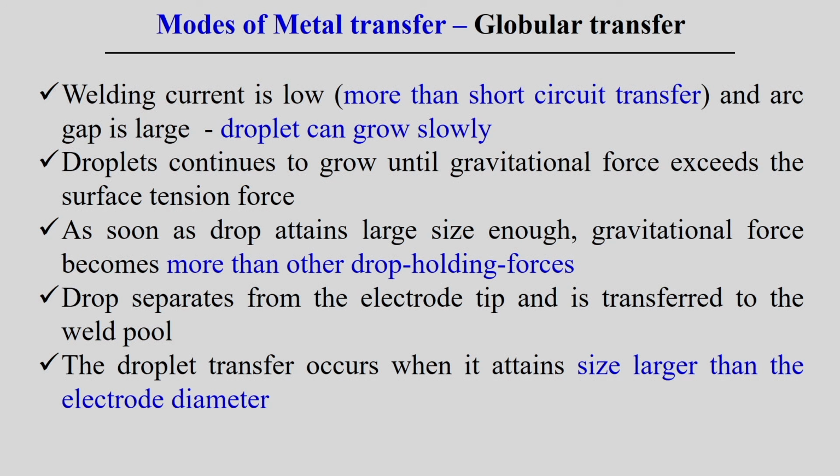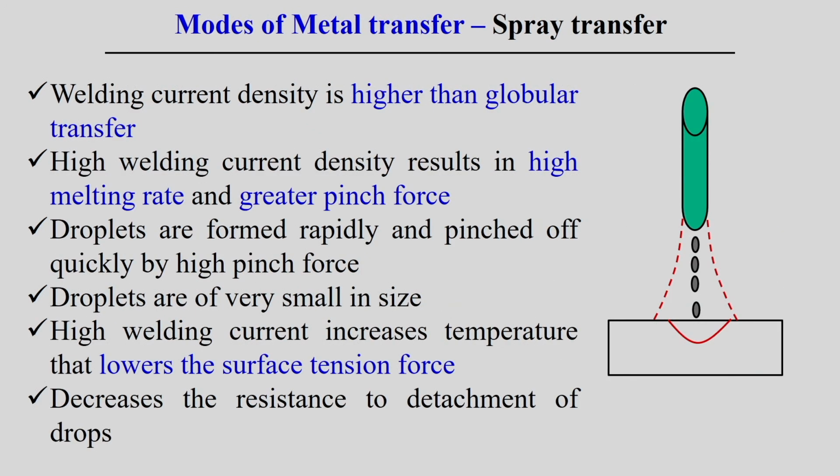The thumb rule is that relatively bigger means larger than the electrode diameter; then the droplet will transfer by gravitational force, which is more effective than the other drop holding forces in this case. So this is the typical phenomenon associated with the globular kind of metal transfer.